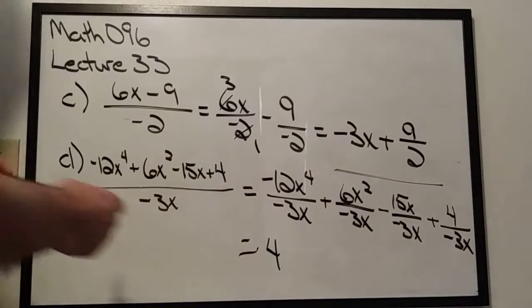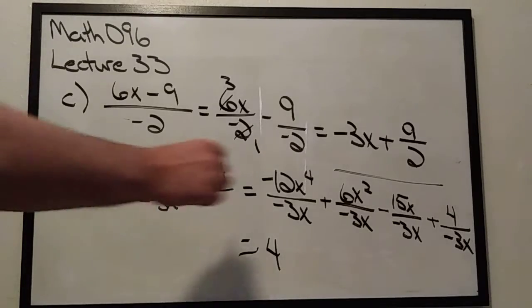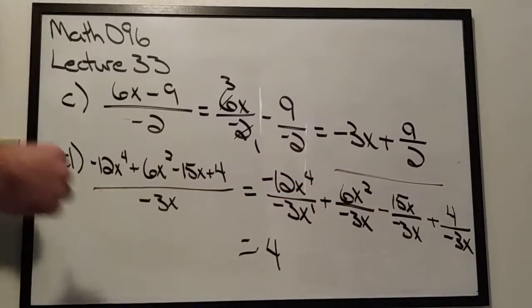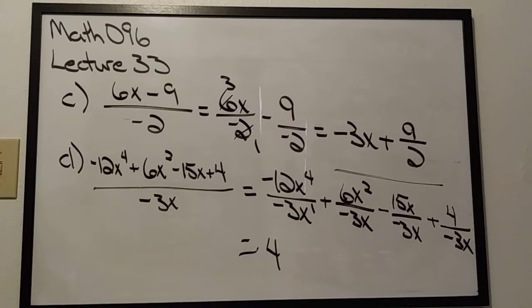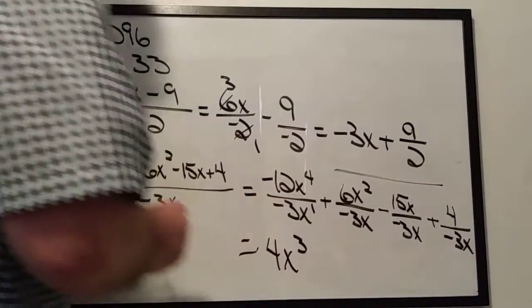And then, in terms of the x's, I have x to the 4th divided by x. Now, remember once again, this x is really x to the 1st. And we have to see that this is an example of the quotient rule. So x to a power divided by x to a power, we subtract the exponents. So 4 minus 1 is 3, so that means that we're going to have x to the 3rd there.